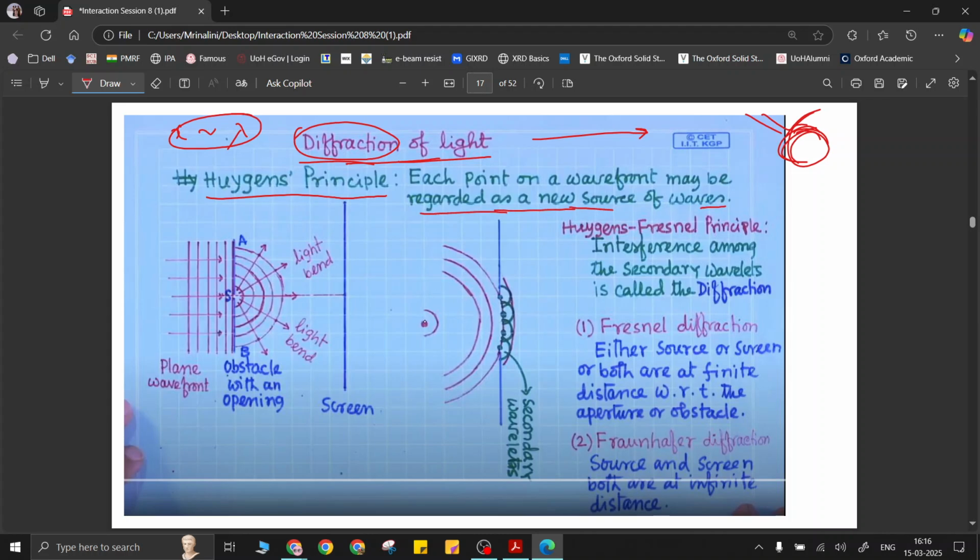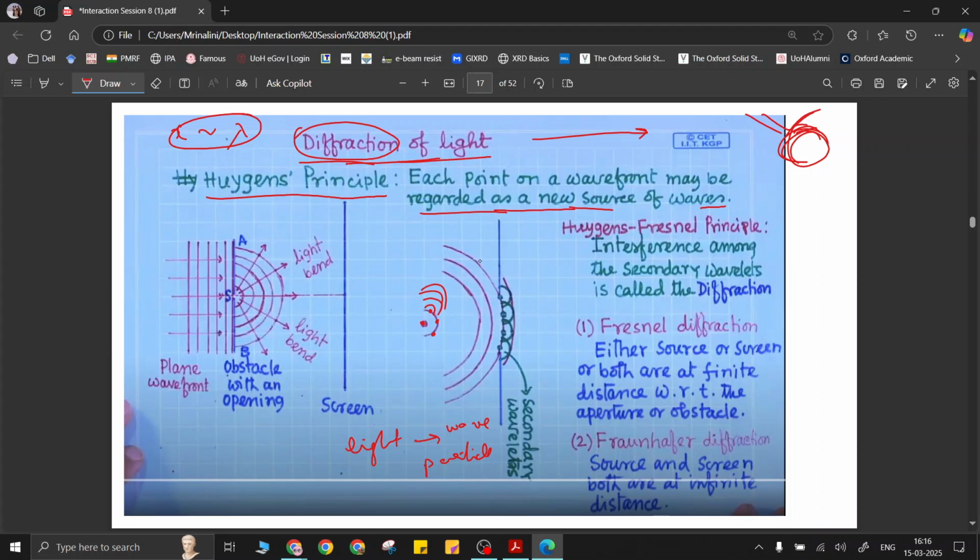What we mean is, if this is my source of light, and light has been shown to have wave nature or particle nature, and it's traveling in the form of a wave, then every point on this wavefront can be treated as another source of wave, and these are called secondary wavelets, as you can see.